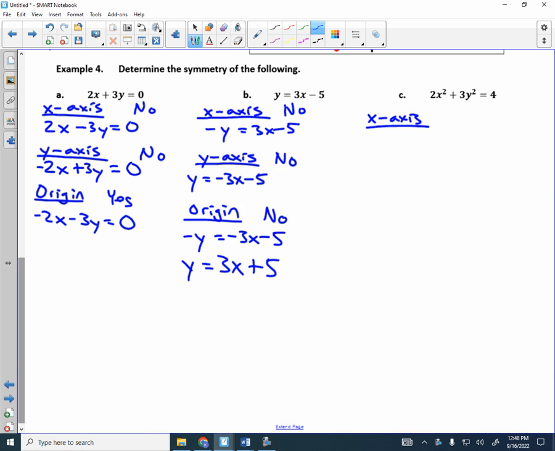I like it. We plug in negative y. We get 2x squared plus 3 times negative y squared is 4. So yes, because we get 2x squared plus 3y squared is 4. So yes, this is symmetrical about the x-axis. Do you see that the same is going to happen for the y-axis? For the y-axis, we plug in a negative x.